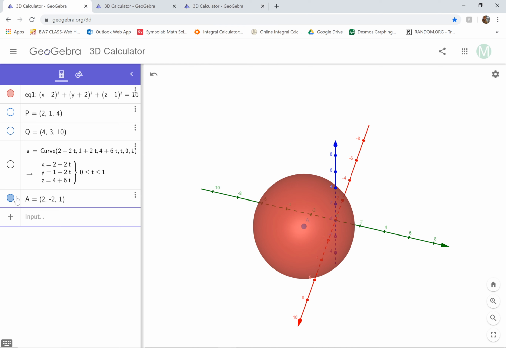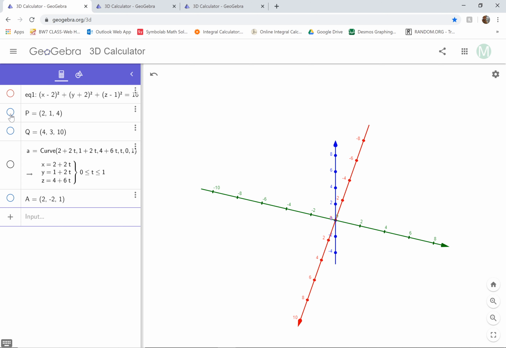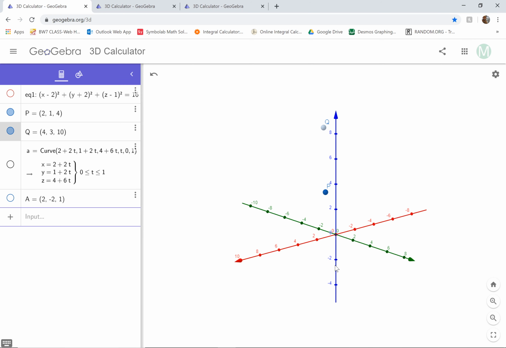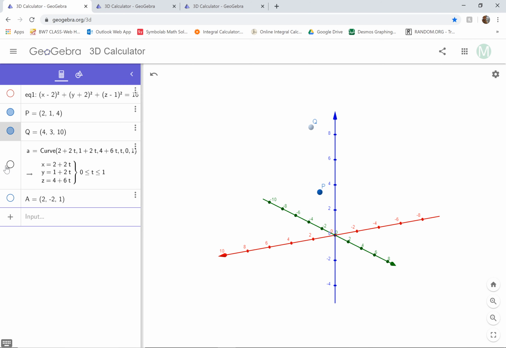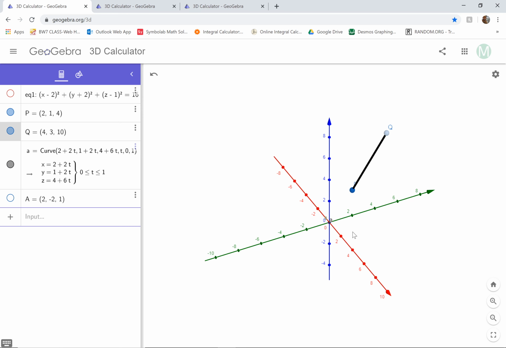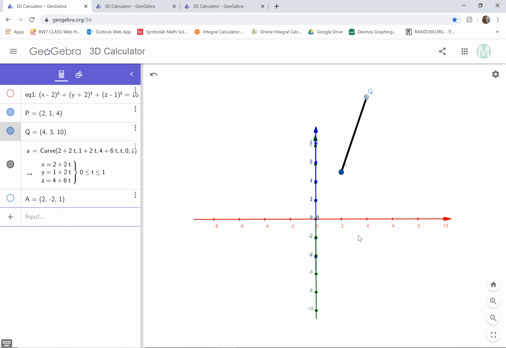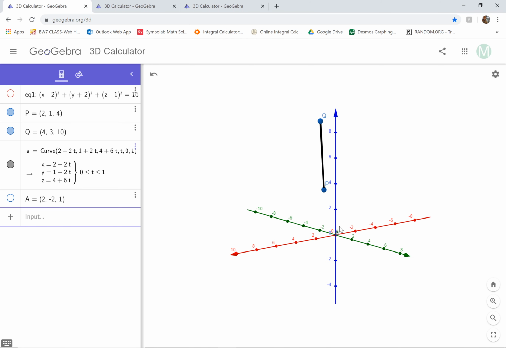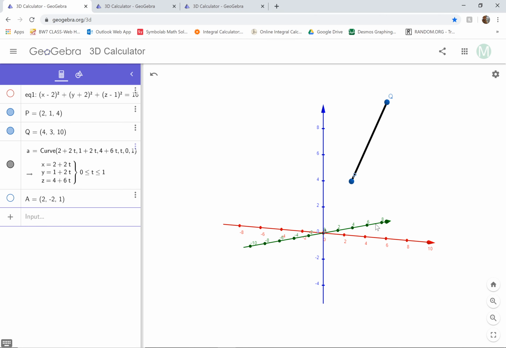Okay, here you go. So we have P and Q. What you see there are those two points, and I'm going to connect both of those. So that line segment that you see there is a diameter, right?